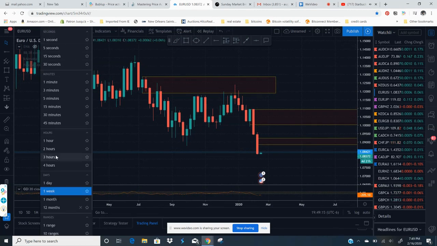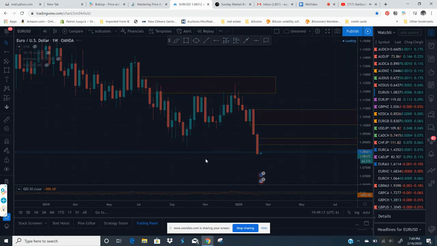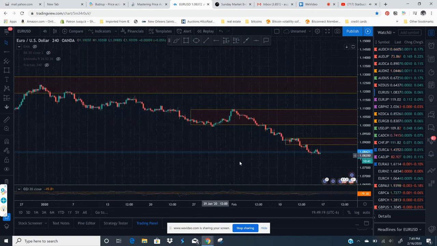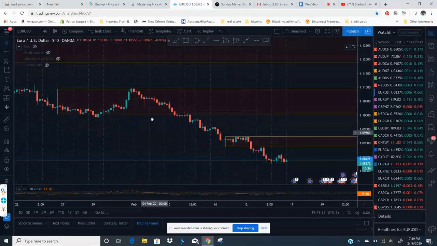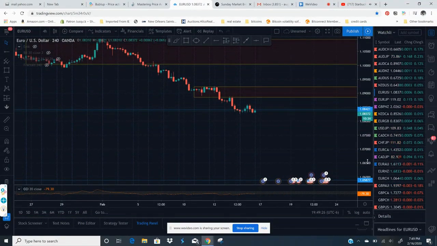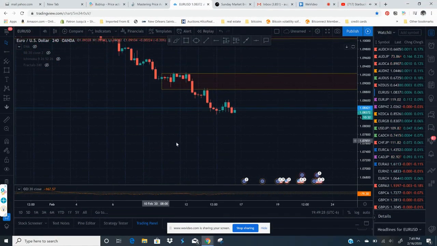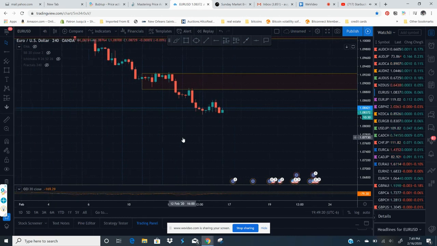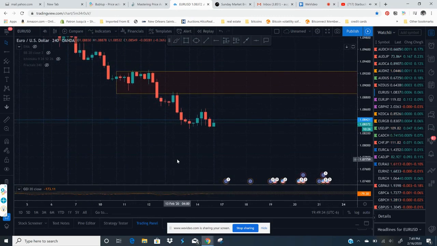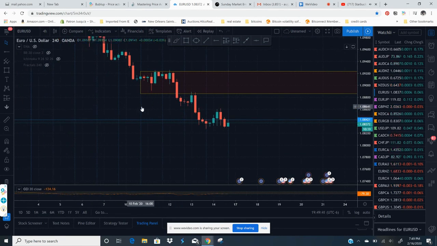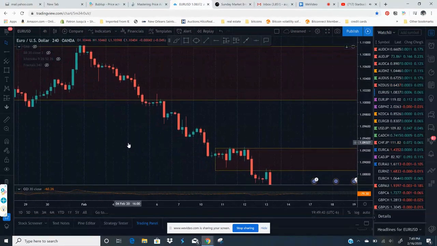And go back to the 4 hour chart. So looking at this 4 hour chart, it got a bit of going sideways. Reason being, let's draw these trend lines.